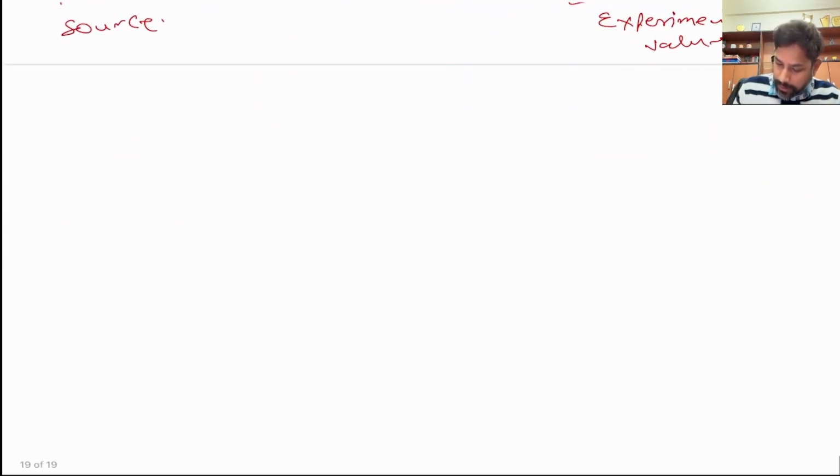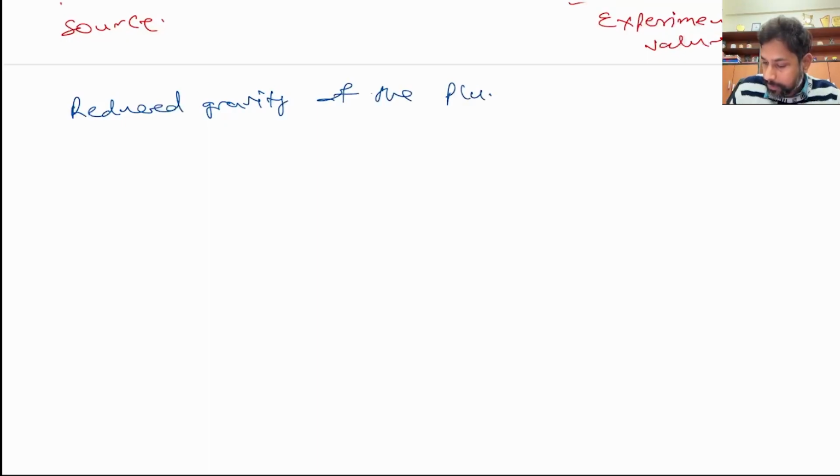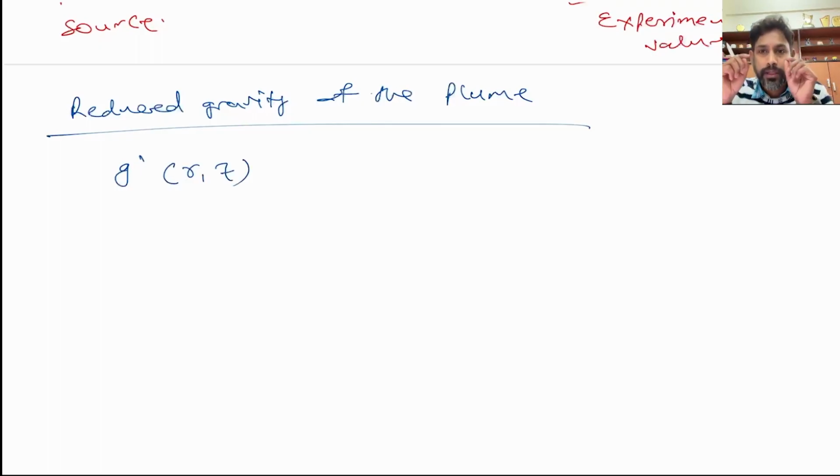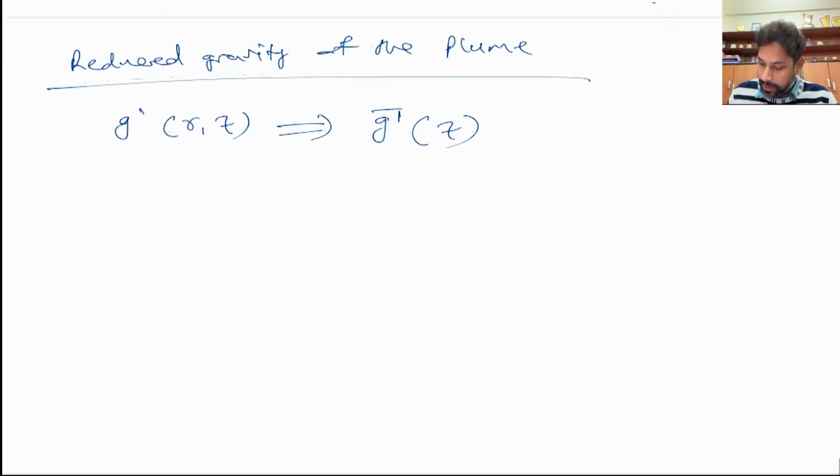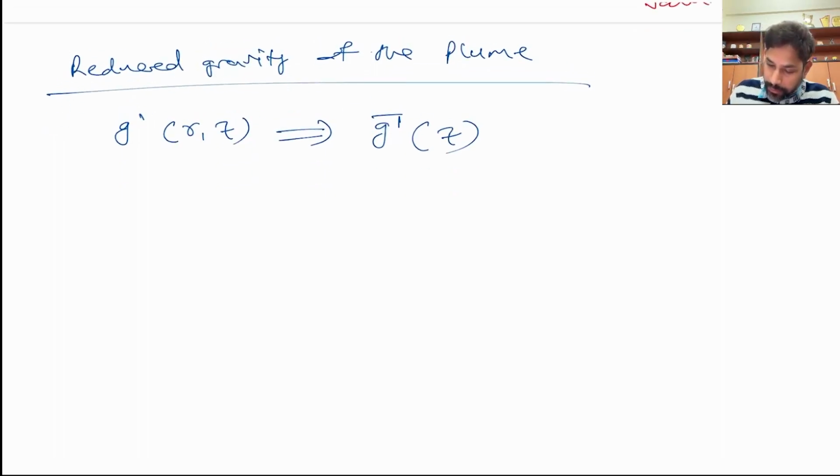Right, now we will try to find the reduced gravity of the plume. So actually reduced gravity is a function of r and z. It is continuously changing in both vertical and horizontal coordinate, but we will only define g prime bar or average reduced gravity for a particular height z for the simplicity.